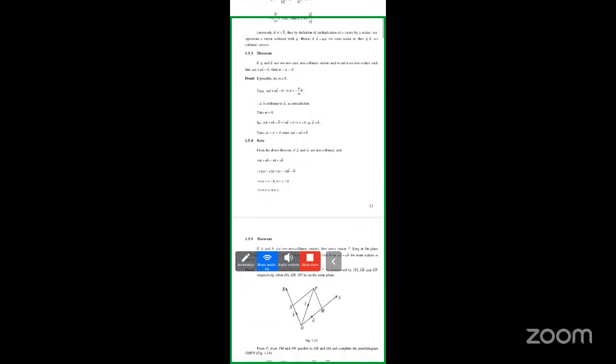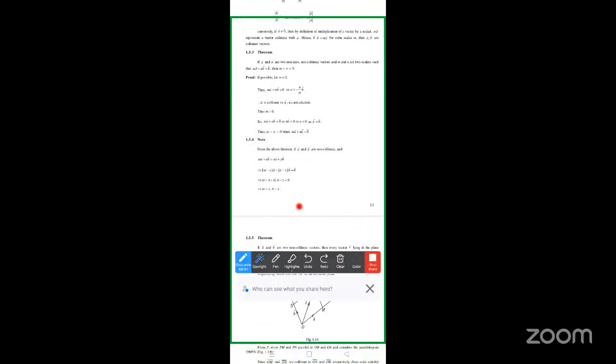Therefore M is equal to X, N is equal to Y. Is that clear? So in this case, M is equal to X and N is equal to Y.